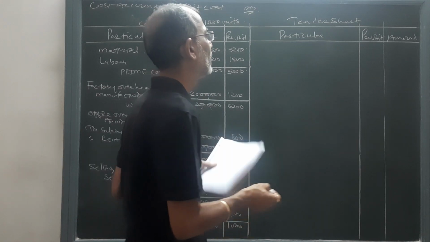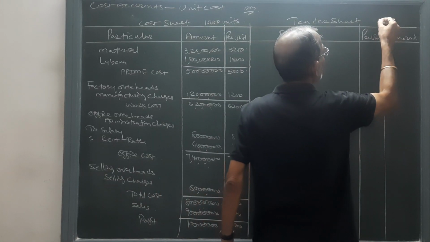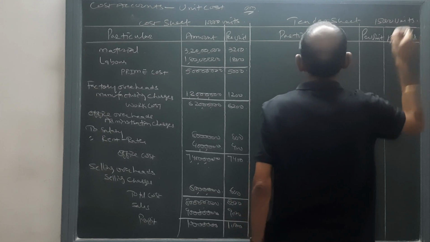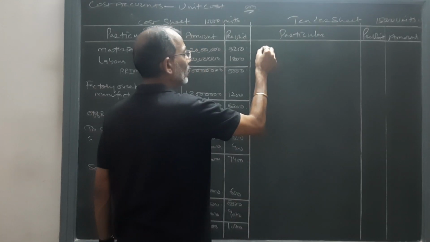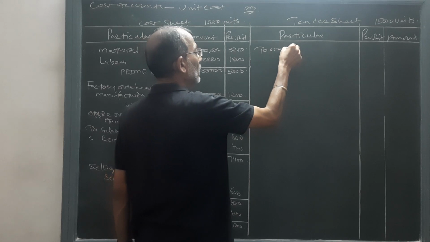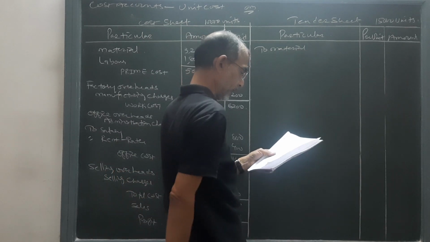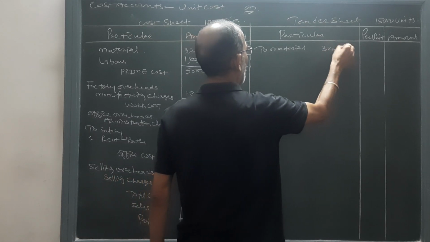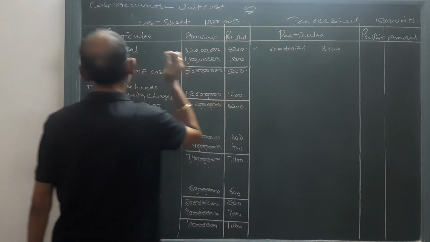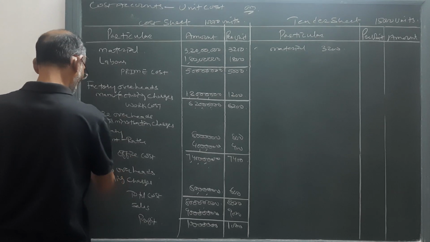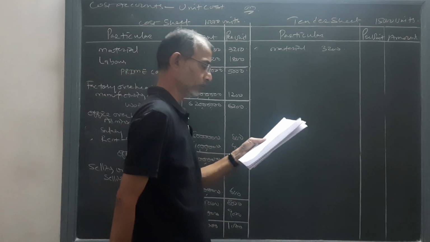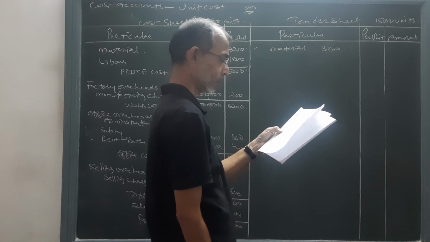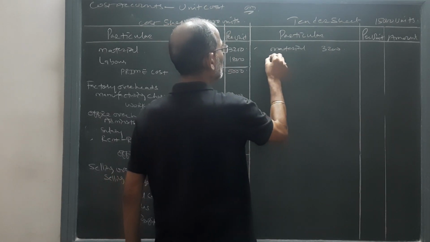Now we come to the tender sheet. 15,000 units are to be manufactured. First of all, we will take material. Material is per unit 3,200. Don't write 'to', because it is a statement, not an account. We have to increase material cost by 20%.